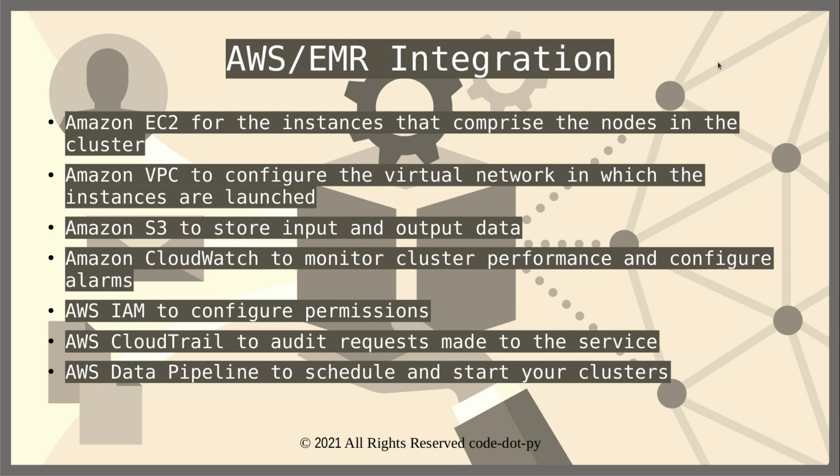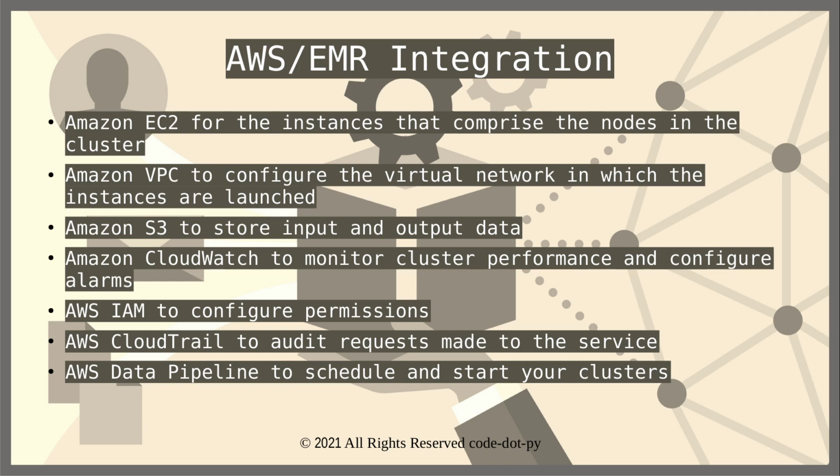Now, the integration of EMR with AWS. Amazon EC2 is used for the instances that comprise the nodes in the cluster. Second is Amazon VPC, to configure the virtual networks in which the instances are launched. Then Amazon S3 is used to store input and output data, and Amazon CloudWatch is used to monitor cluster performance and configure the alarms.